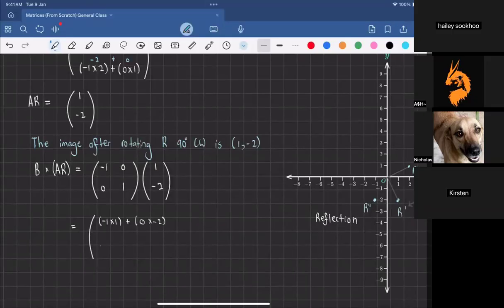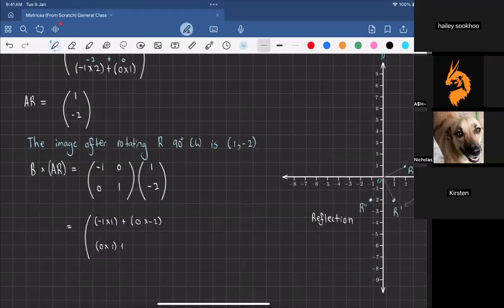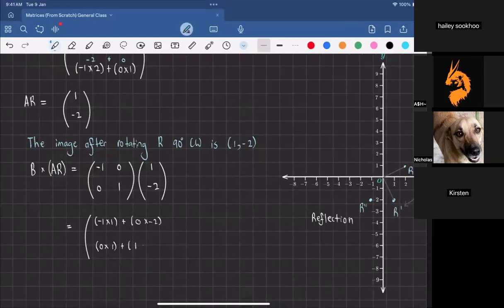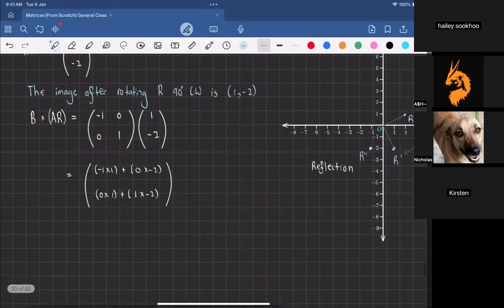Right? What next? Then 0 by... So we've finished multiplying these two by this. Now you're on to this: 0 by 1, and then 1 by -2. What will we end up with?